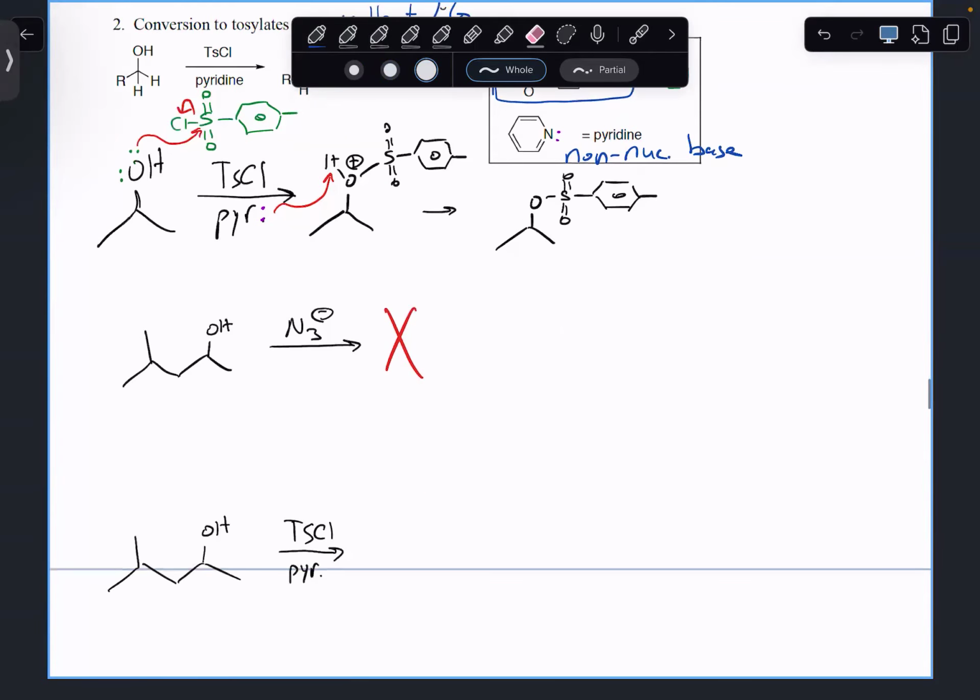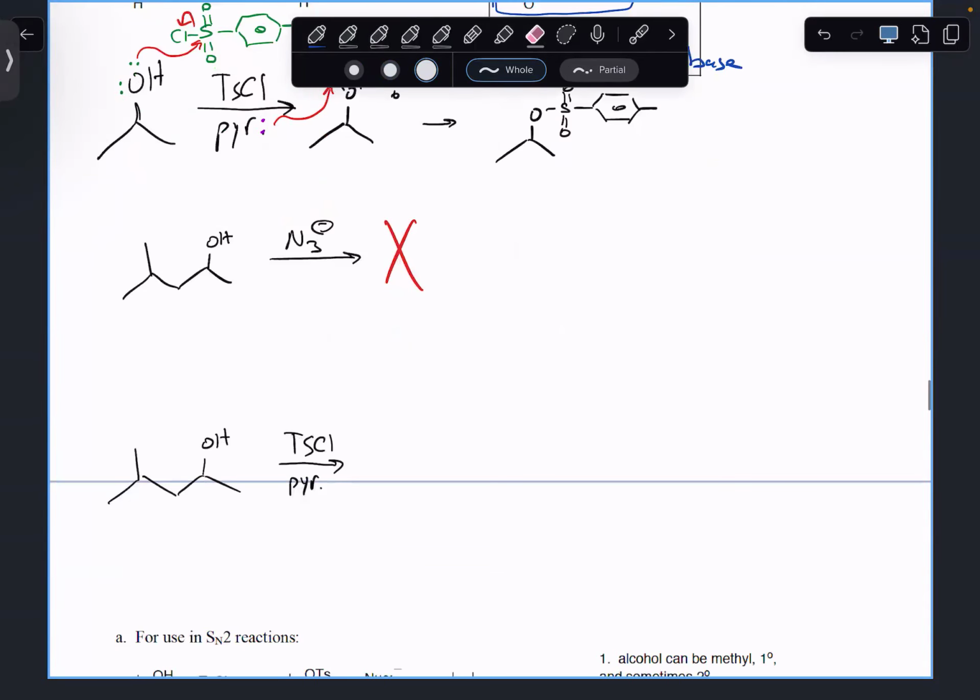But I could make this reaction work. All I'd have to do is take that alcohol, treat it with tosyl chloride and pyridine. That would give me the tosylate. Well, I've just made a really excellent leaving group.